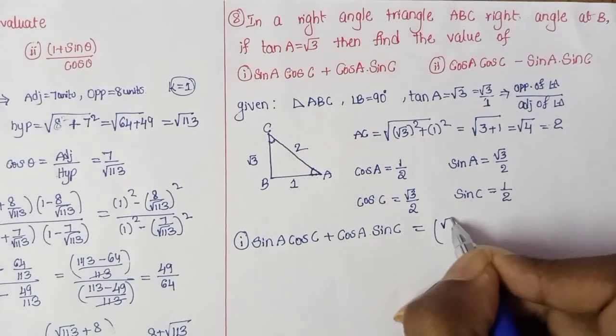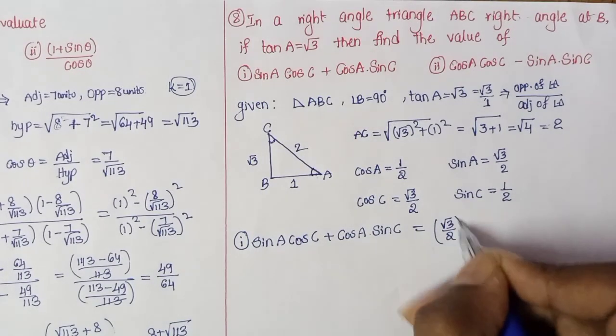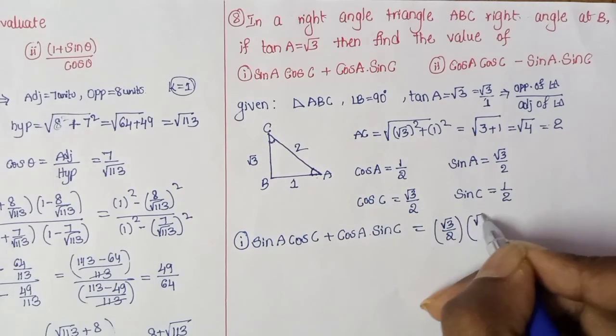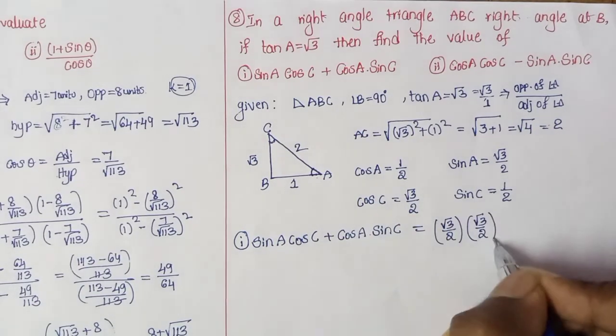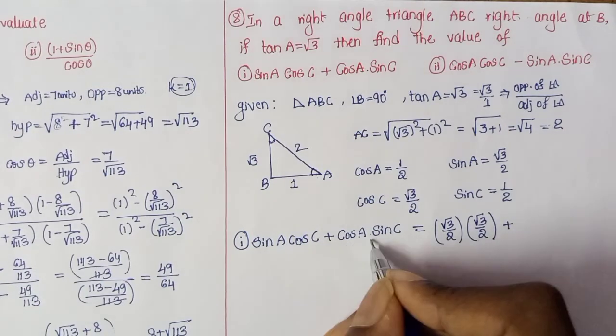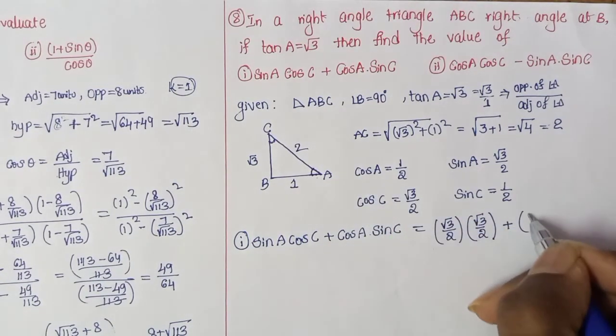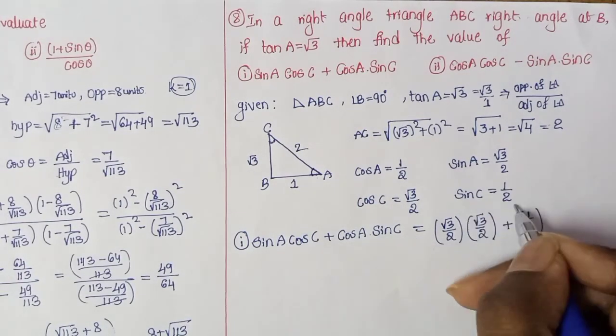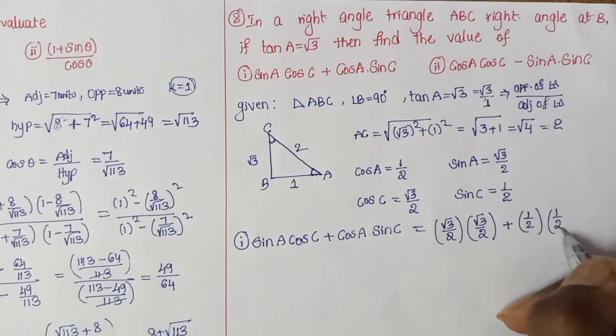Sin A is root 3 by 2. What is cos C? Cos C is also root 3 by 2. There is a plus symbol. What is cos A? Cos A is 1 by 2. What is sin C? Sin C is also 1 by 2.